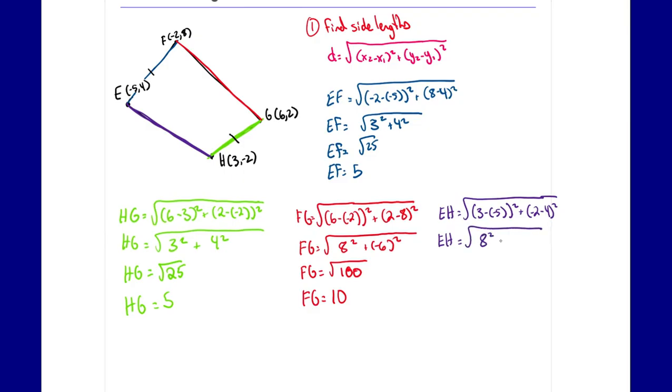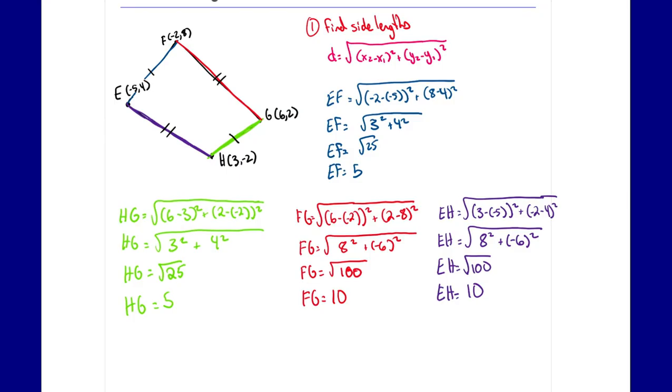We get 8 squared plus -6 squared. And okay, I get the same values as before. So when I go through, square root of 100, EH is equal to 10. So that's good. So we've proven that the opposite side lengths are equal, which is a good start.